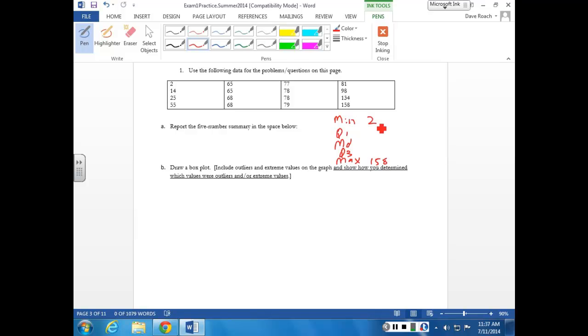So the first quartile is going to be halfway between the 55 and the 65. So it's going to be 60. The median is halfway between 68 and 77. That's going to be 72.5. And Q3 is halfway between the 79 and the 81, that's 80.